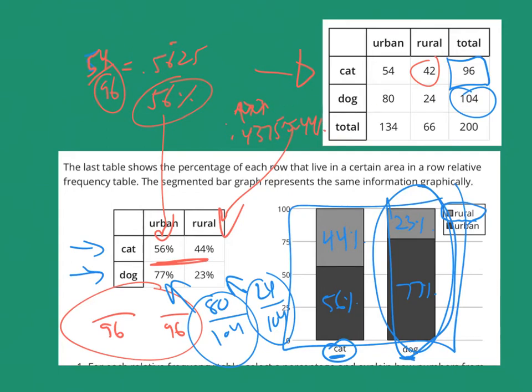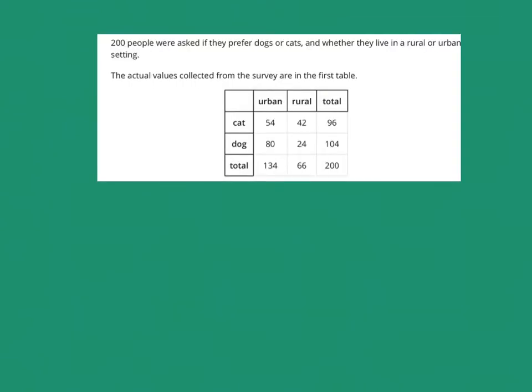Okay, so now let's try to put this together all at one time. What I'm going to do is discuss this using the number 54. When I look at that number 54, I could divide that 54 by 3 different denominators. First off, I could divide it by 200, right? So we did that. And 54 divided by 200 gets me 0.27, which is 27%. I multiplied by 100, or I moved the decimal over 2 spots.